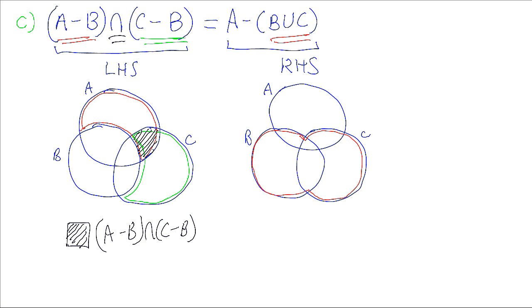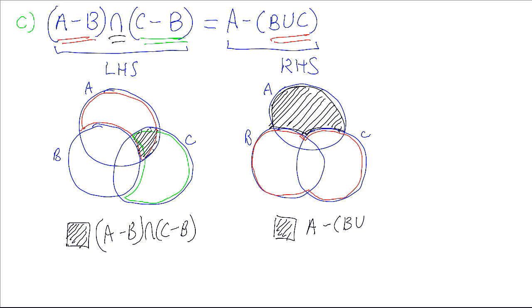Let's see, I'll make it black again for the final thing. A minus that is going to be this region here in black, and I'll shade that in black now. If I can do it properly. And now here's the right hand side, which is A minus B union C.